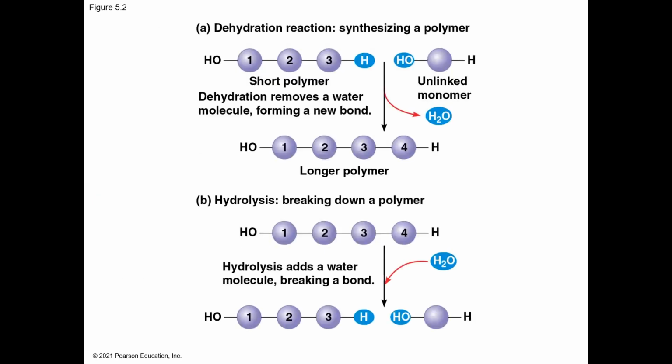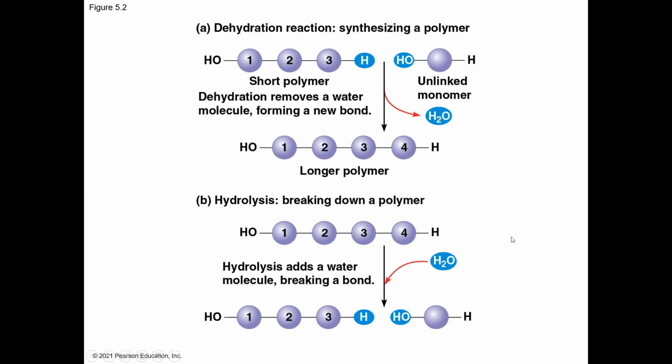And so here's a representation of those. In this first image, this is a dehydration reaction. The bonding of the unlinked monomer to the short polymer means that there is going to be a loss of water. It's losing a water molecule and it's dehydrated. Hydrolysis is where we use water molecules. So we add water back into the system here, and water molecules can then be used to break it apart.